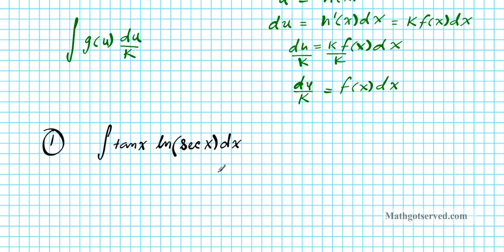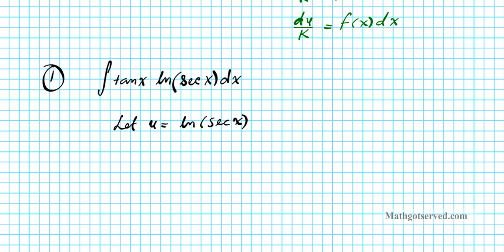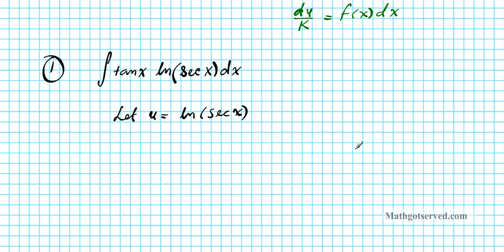Okay. So in this case, what if we said let u be the natural logarithm of secant x. Okay. So if I differentiate this, do I get a multiple of the other function, tan x? That's the question. All right. So let's go ahead and just differentiate it and see if we end up with a multiple of tan x.